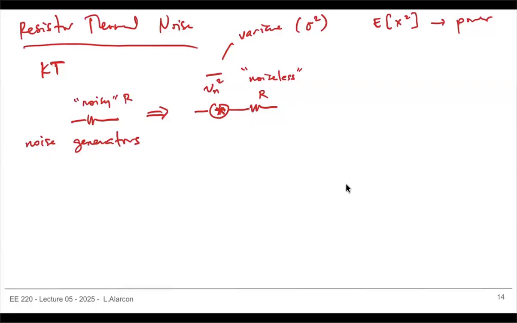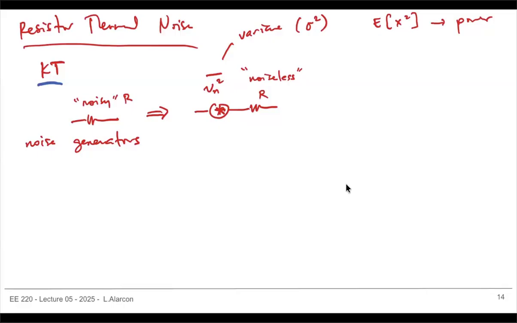Then we go back to Boltzmann, who said, okay, the energy you get is pretty much going to be kT. So that means this is the maximum energy you get.